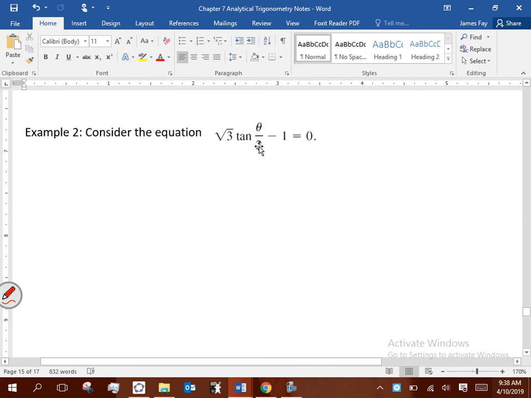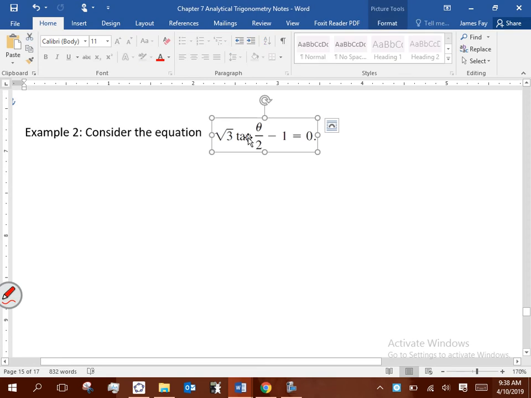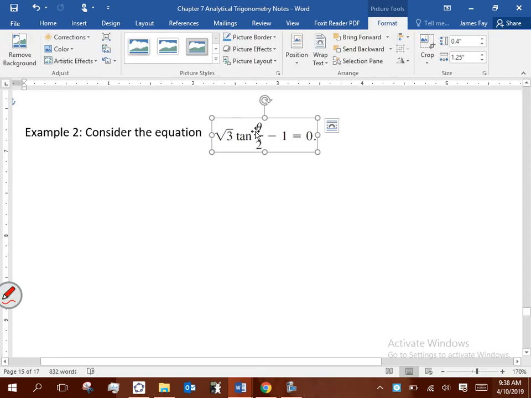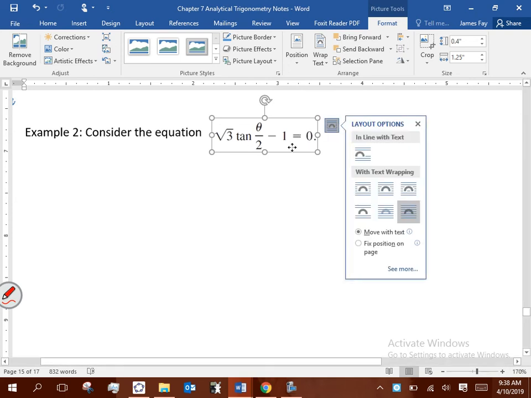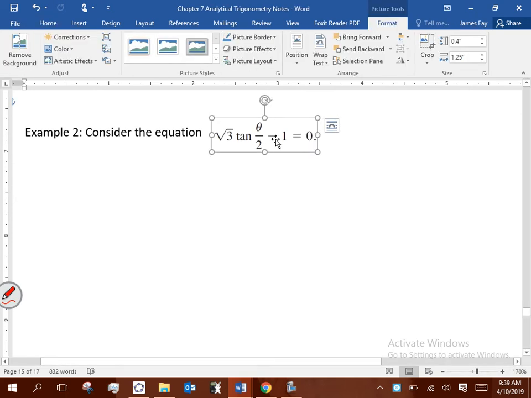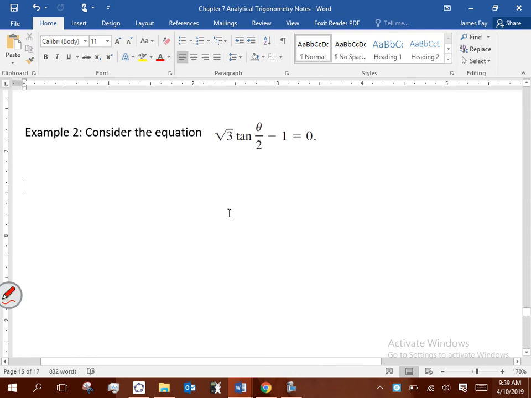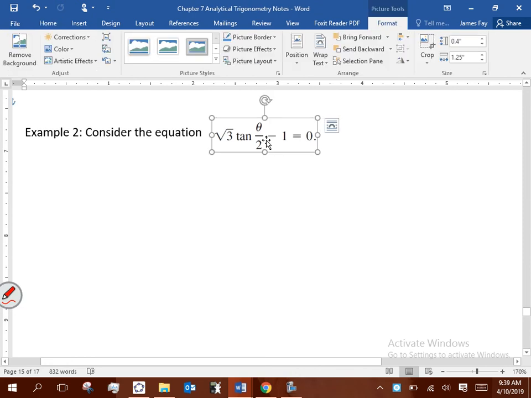Okay, and let's actually, we did tangent in the last class. Let's do this first one here. Won't let me get back into how I edited that. Let's do this one as sine instead.